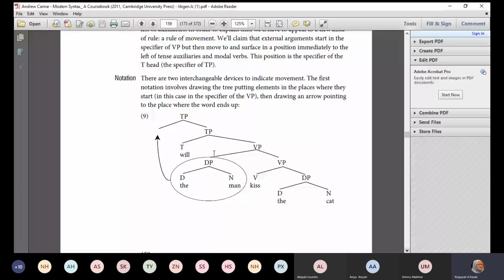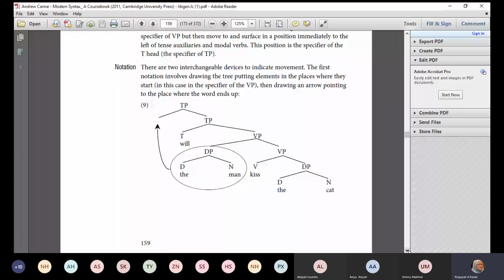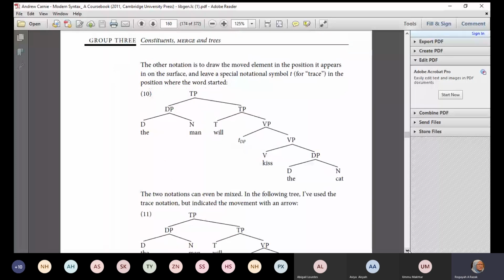So what will happen is that this DP, the man, has to go up through the specifier movement. It has to go up, and then you flip to your next page. It gives you the new position. This position.